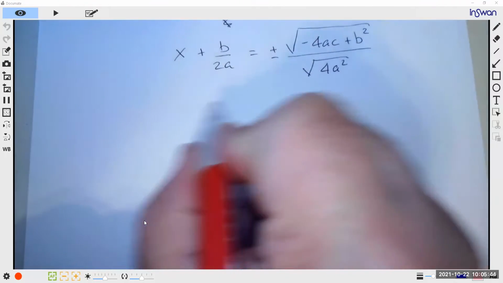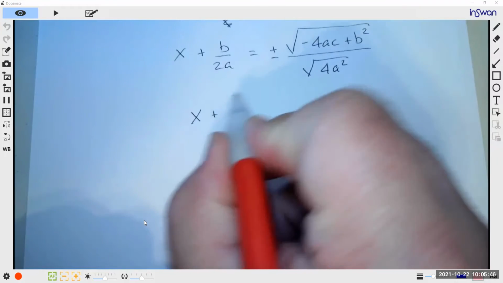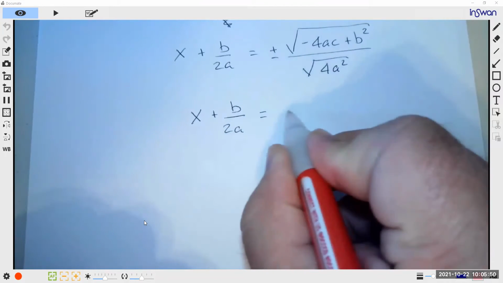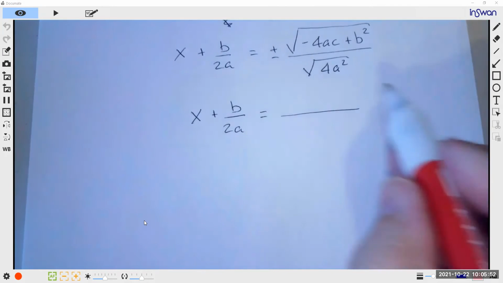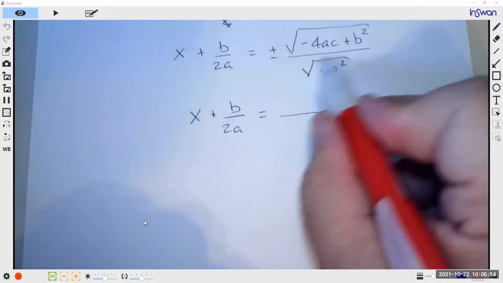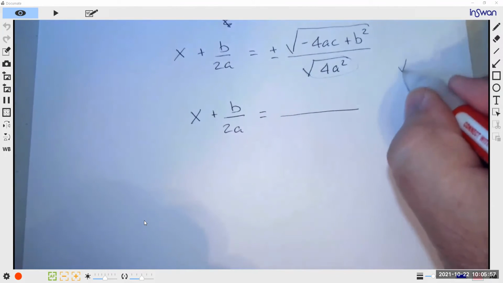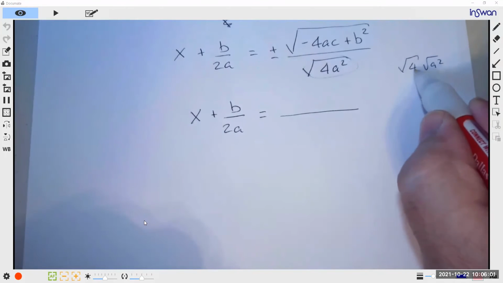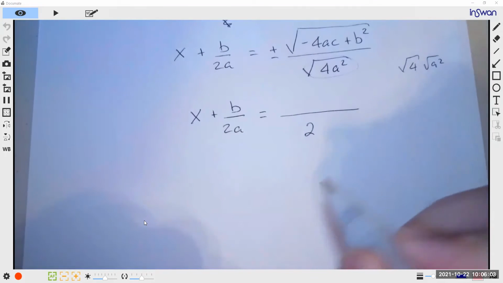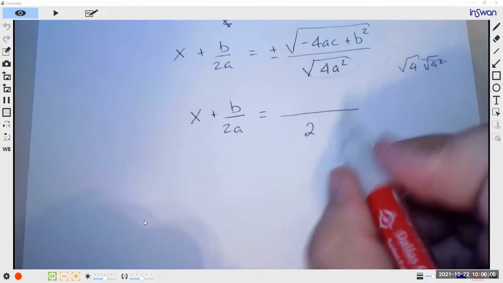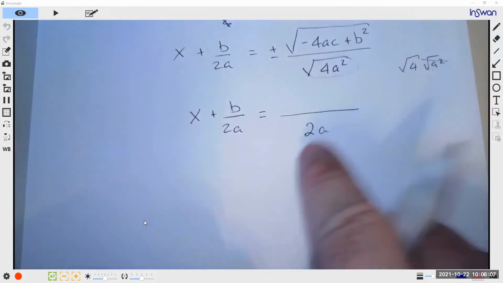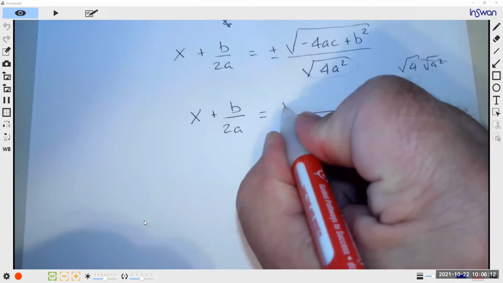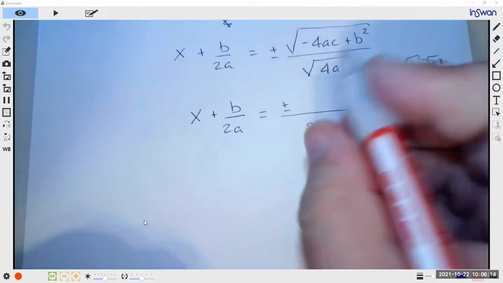On the bottom, you solve it this way: square root of 4, square root of a squared. Square root of 4 is 2. Square root of a squared is a, which is good because now we have a common denominator. And the signs go to the top.